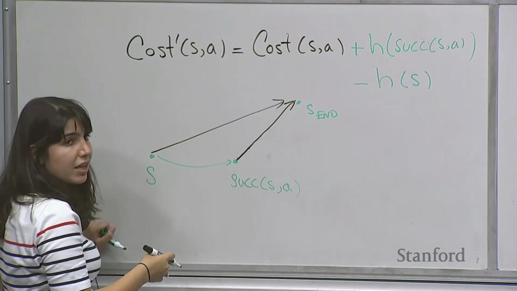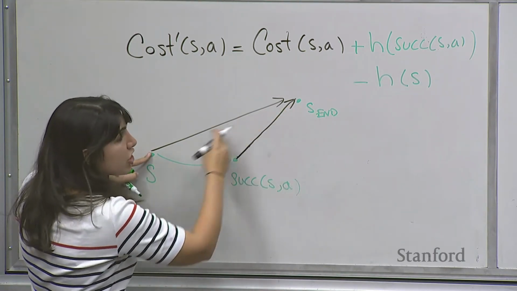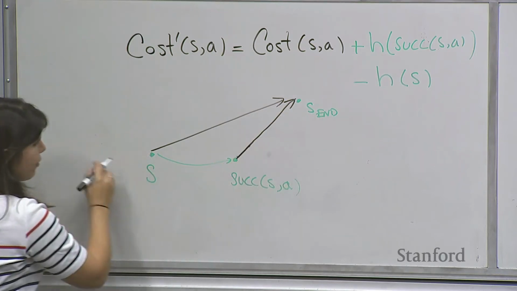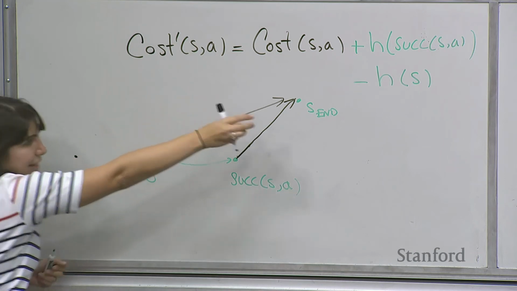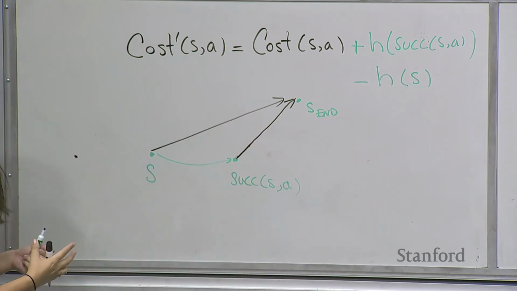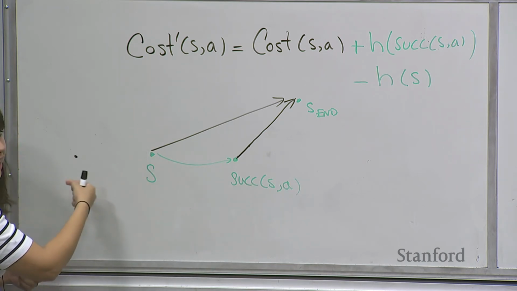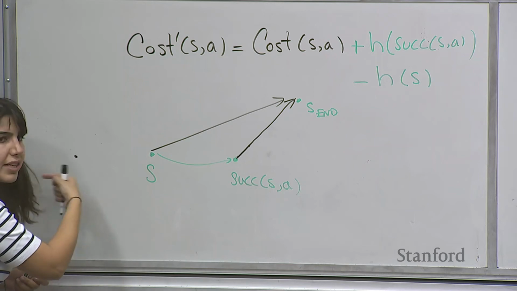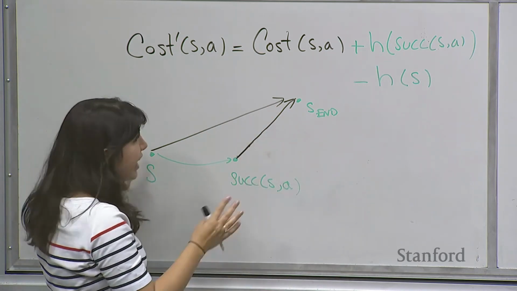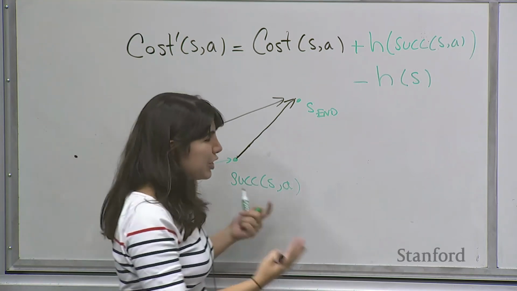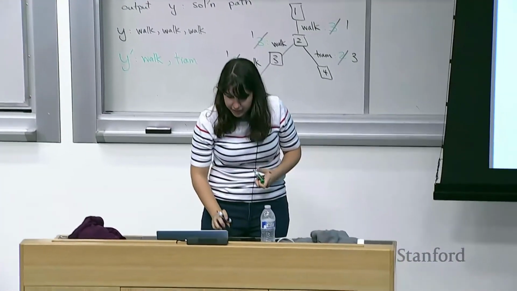And what this enforces is that it makes me move in the direction of S end. Because if I end up in some other state that is not in the direction of S end, then the thing I'm adding here is going to penalize that. It's going to be saying, it's really bad that you're taking that action. I'm going to put more cost on that, so you never go in that direction. You should go in the direction that goes towards your S end. And that all depends on what your H function is, how good an H function you have, and how you're designing your heuristics. But that's the idea behind it.